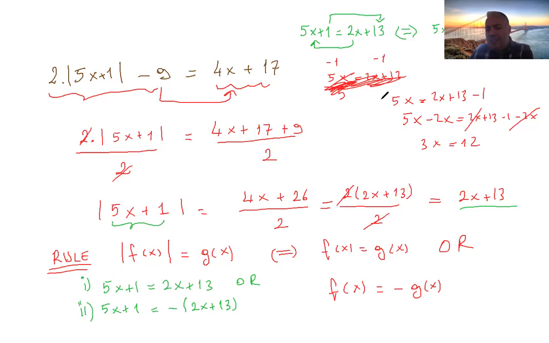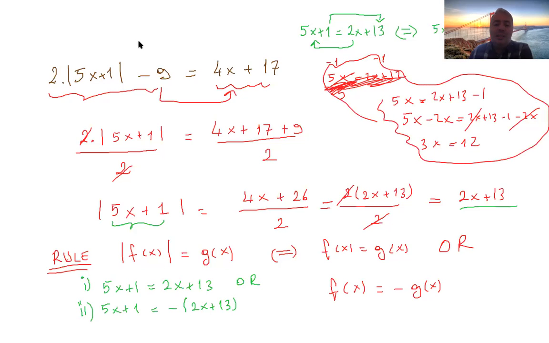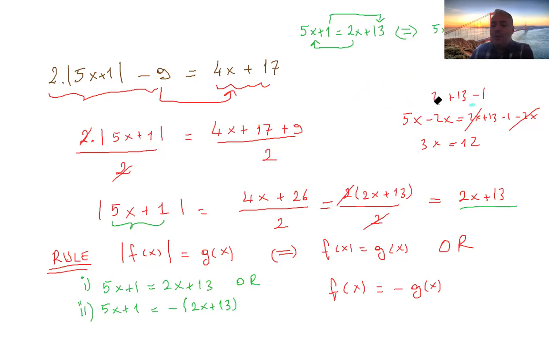But no need, since this is very long and takes time. Since we are now in grade 11, we know everything. So what can I do? Simply, positive 1 goes to the other side as negative 1, positive 2x goes to the other side as negative 2x.